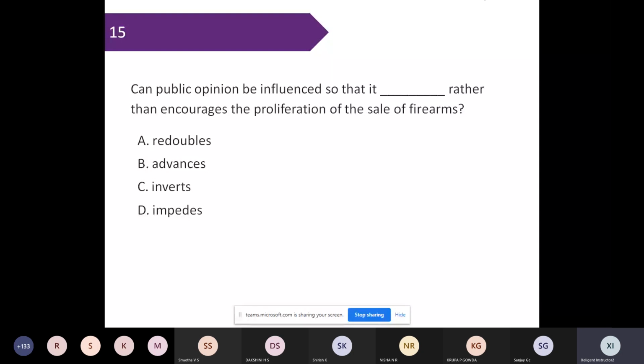We also have so. So if you take public opinion on this sale of gun or sale of the gadget, that is going to influence the result. The result is that, instead of encouraging the sale, it's going to deplete the sale. Okay, so the correct answer is impedes.